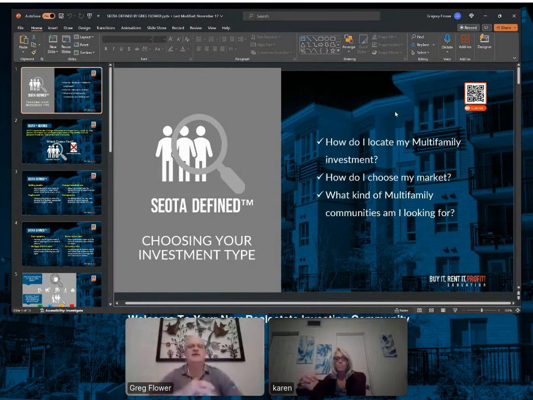So basically, the SEOTA process is the strategic evaluation of a target area. It's basically how you start looking for your prospect tenant to fit into your building, because buildings don't pay rent, people pay rent.